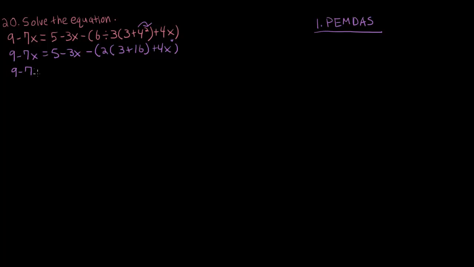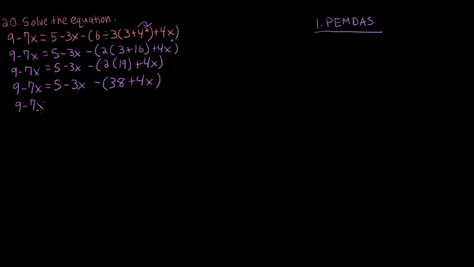So 9 minus 7x equals 5 minus 3x minus 2, 3 plus 16, which is the parenthesis within the parenthesis, is just 19 plus 4x, close the parenthesis. 9 minus 7x equals 5 minus 3x minus 2 times 19 is 38 plus 4x, close the parenthesis. 9 minus 7x equals 5 minus 3x.